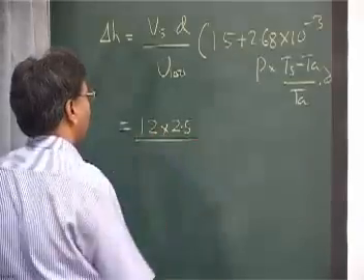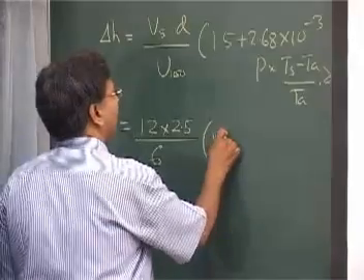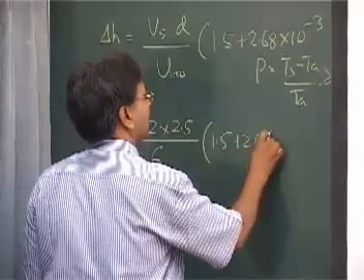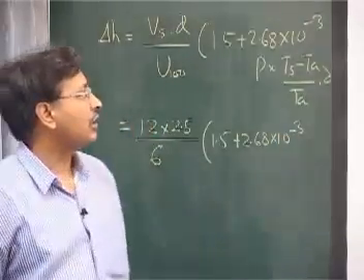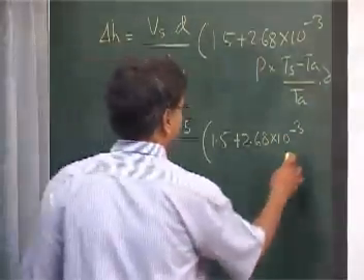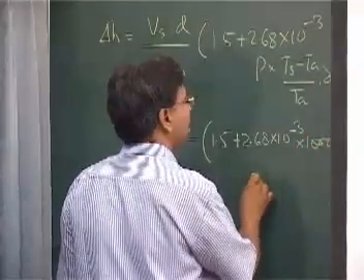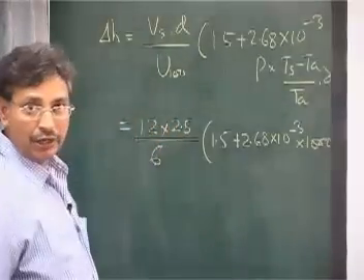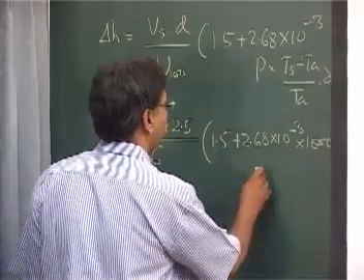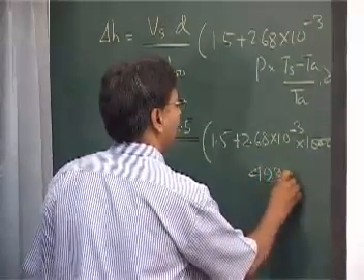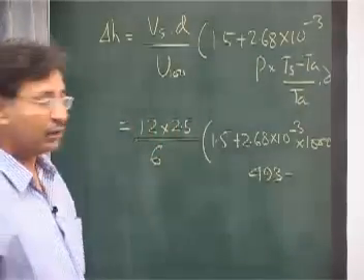The wind speed at 100 meters, 6, 1.5, 2.68 times 10 to the power minus 3 times, what is the pressure? 1000 MB, and then T stack is 220 plus 273, so that makes 493 minus 225 plus 273, 298.